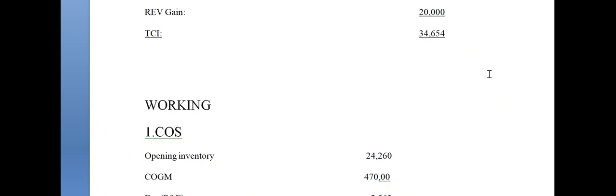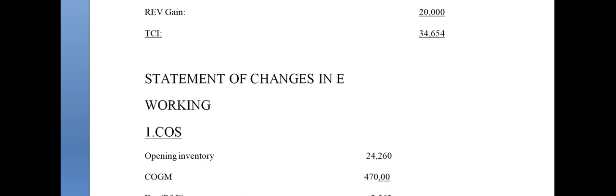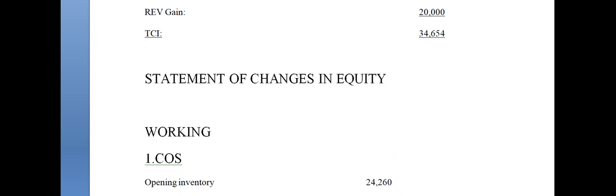So let's look at the statement of changes in equity. You have items from the trial balance.